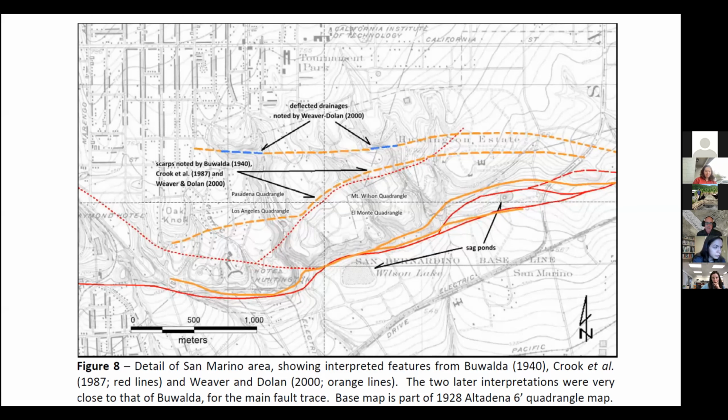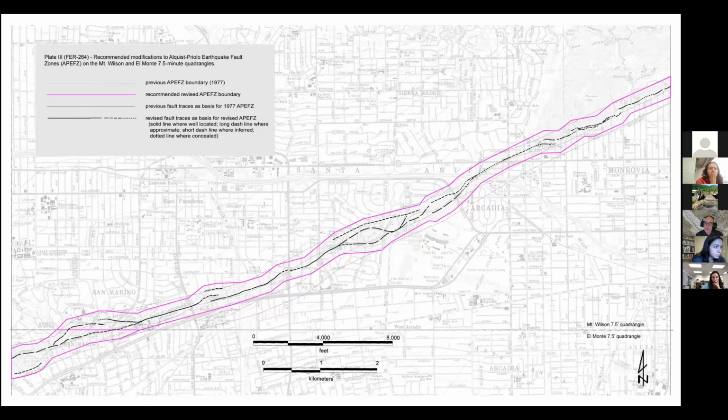What we want to keep reminding ourselves of is this progression from observation to interpretation. Then this would be the final product, which in this case is the Alquist-Priolo Act fault zone boundary. This is where they've basically said this is where the fault is, and this is the setback zone, where there would be concern about possible fault rupture.